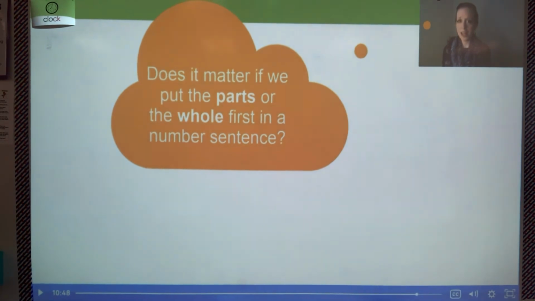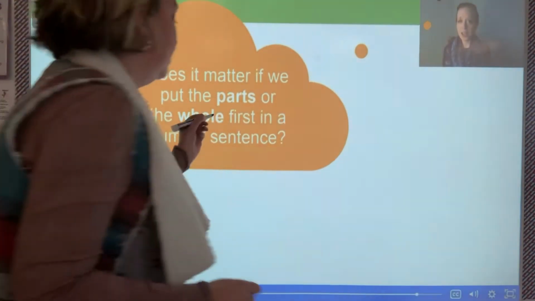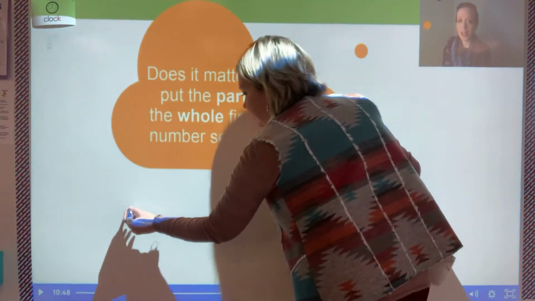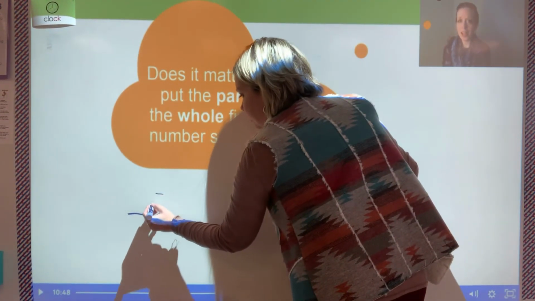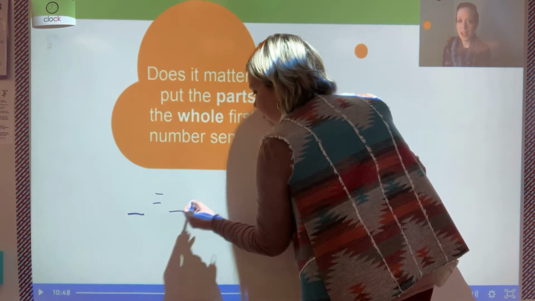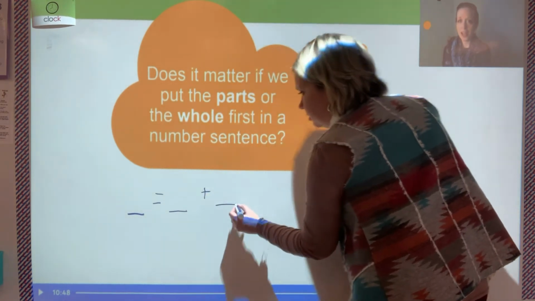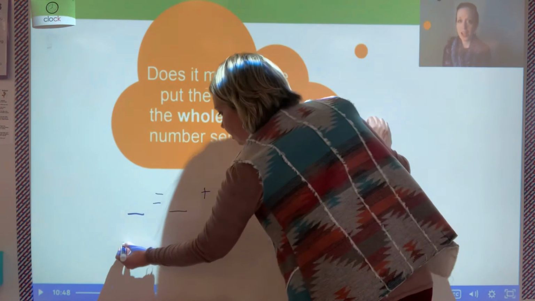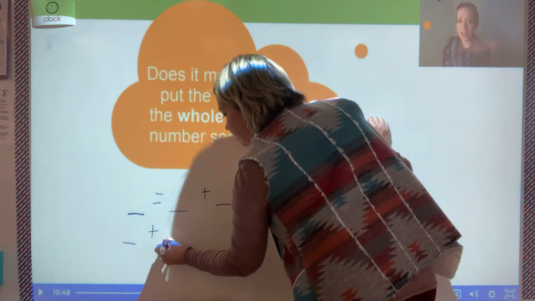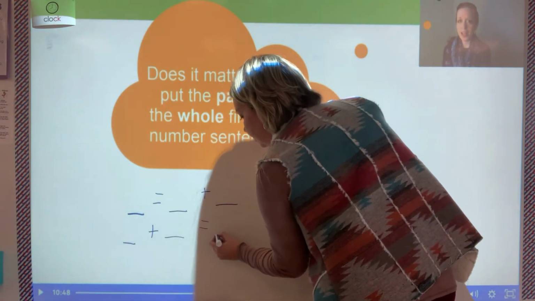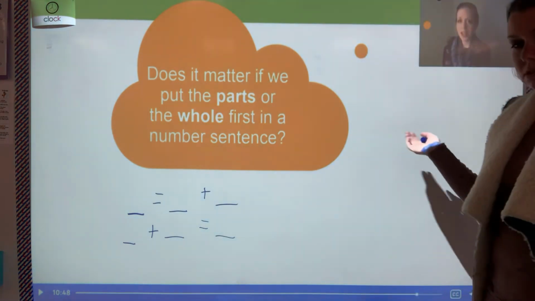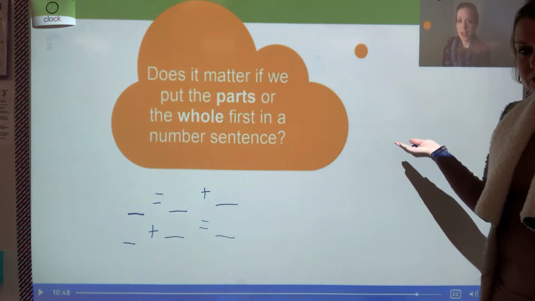Does it matter if our number sentence says, if you put the whole first, or we put the plus first? Does it matter which one goes first?